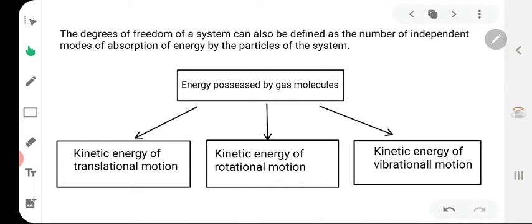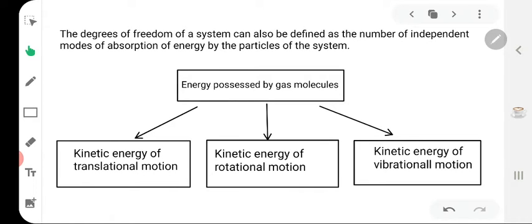The degrees of freedom of a gas molecule can be determined by knowing the number of ways in which the gas molecule can absorb energy. So now when we are talking about energy, the gas molecules can have different types of kinetic energy. The energy possessed by the gas molecule could be kinetic energy of translational motion.